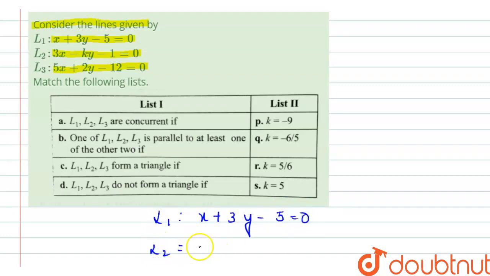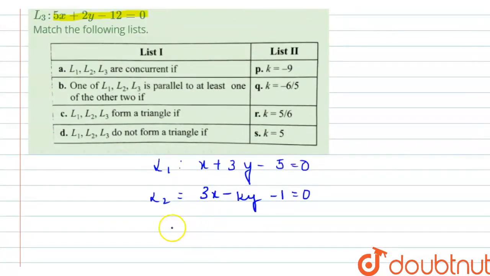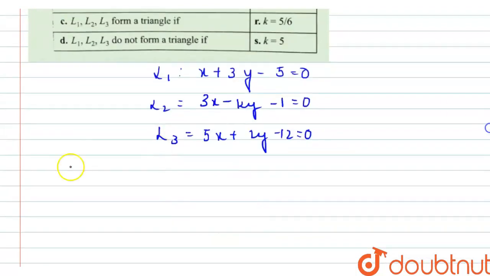Equation of line L2 is 3x minus ky minus 1 is equal to 0, and equation for line L3 is 5x plus 2y minus 12 is equal to 0. So now the first part is L1, L2 and L3 are concurrent if. Let's solve the first part.